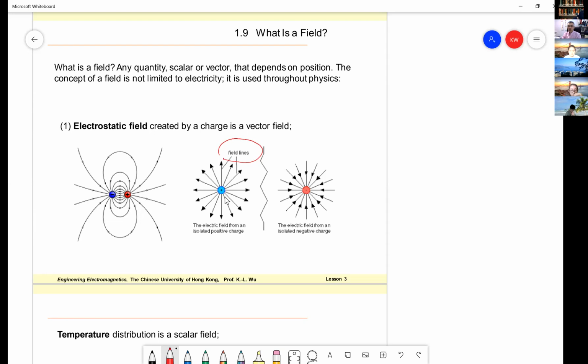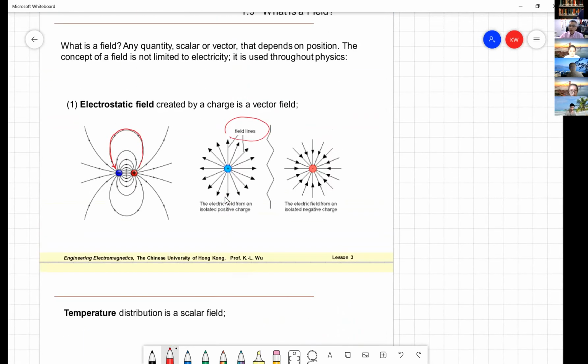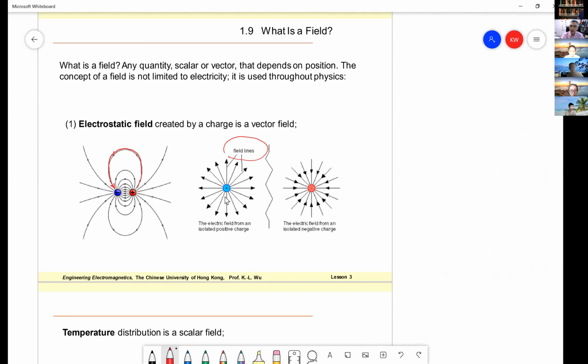But when you put one positive charge and one negative charge close together, then we can see the field line change. And each line represents a field of the same strength magnitude, but in space the direction changes.